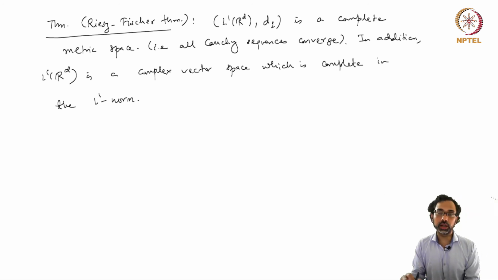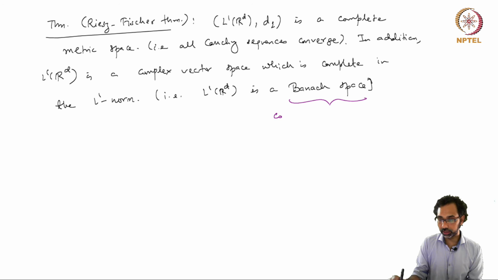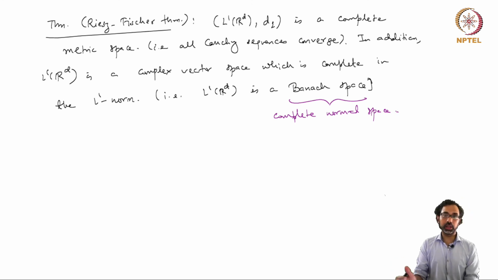So this is a complete normed space, which means that L1(R^d) is a Banach space. Remember that a Banach space is a complete normed space. So L1(R^d) with the L1 norm is then a complete normed space, and so a Banach space.